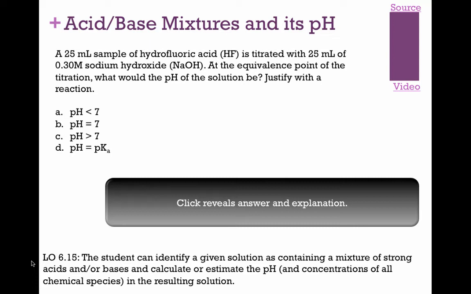So first, what would we expect the pH to be? Greater than 7. Why? Strong wins, right? So that's what we say. We say strong wins, but let's actually see why. We have NaOH plus HF. What's the double replacement reaction that would happen?